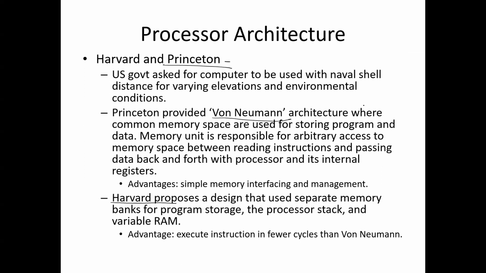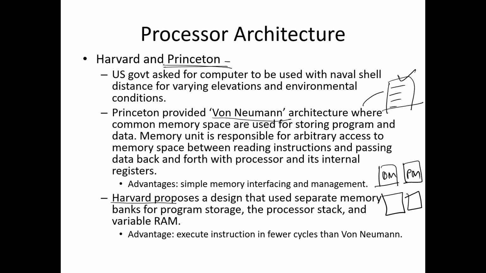That means in the von Neumann architecture, or sometimes also called Princeton architecture, all memories must be in the same memory location. But in the Harvard architecture, every memory has its own memory location. Maybe data memory, maybe program memory, all are in different memory locations.